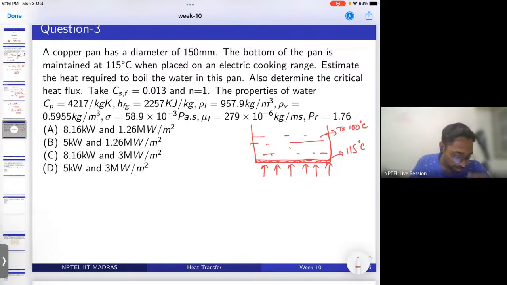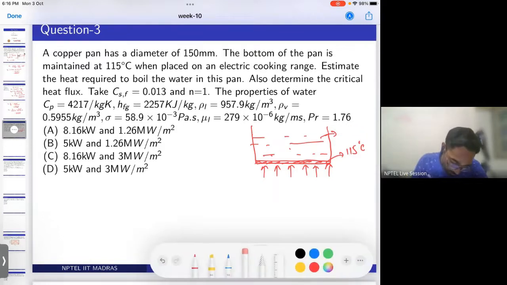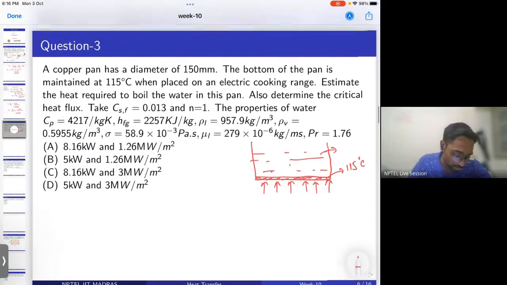Okay. As the water is open to atmosphere, this is the saturation condition of the water. Means at 1 bar the temperature at which it starts boiling is 100 degrees Celsius.